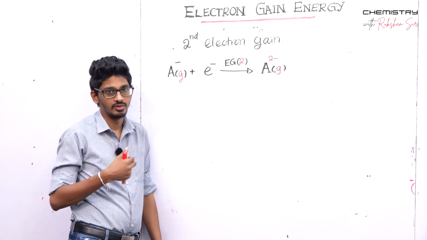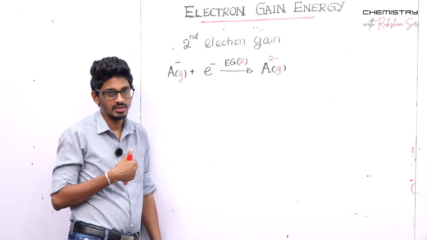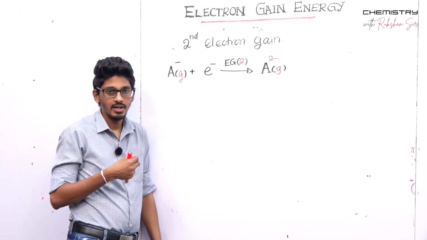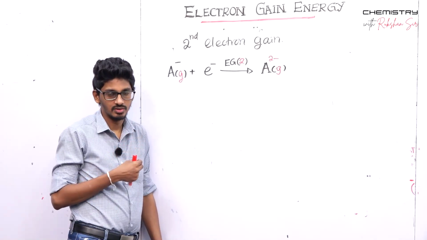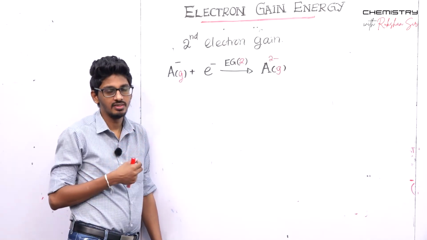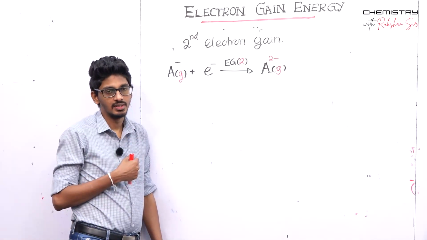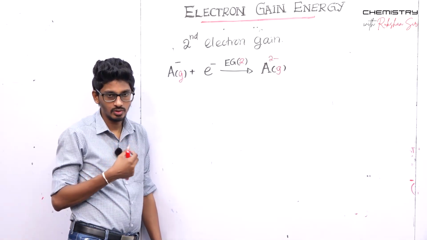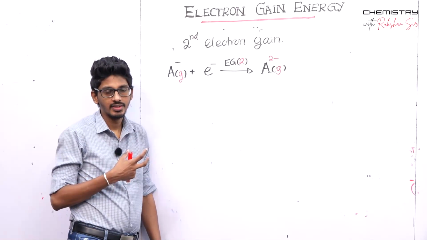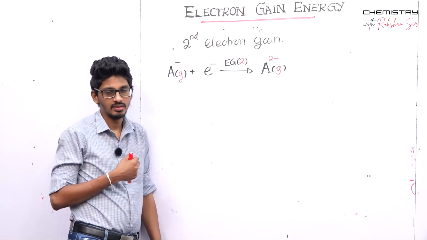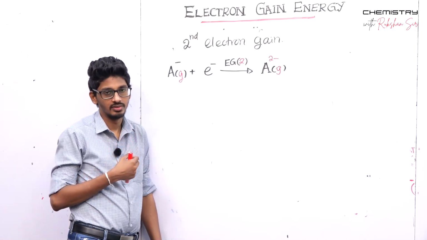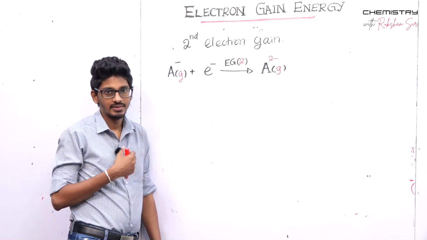Earlier it was releasing an electron, now it is gaining an electron. Second electron gain means producing the minus 2 gaseous ion by gaining an electron. Third electron gain means producing the minus 3 gaseous ion by gaining an electron. Nth electron gain means producing the minus n gaseous ion by gaining an electron. That is the idea.